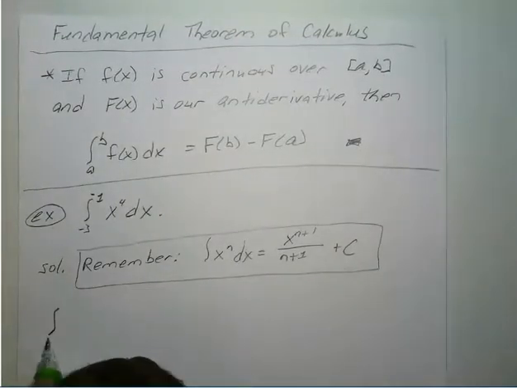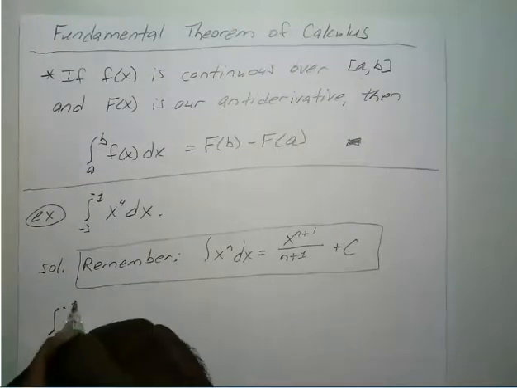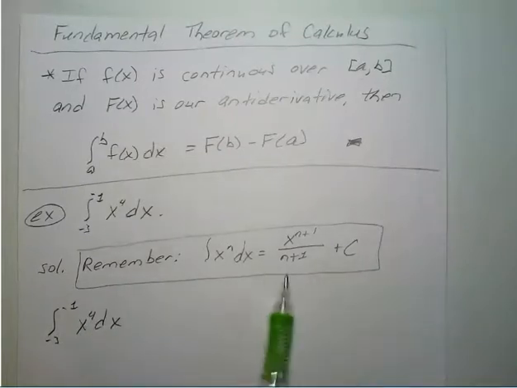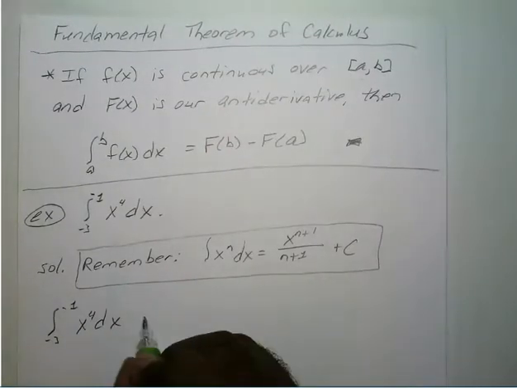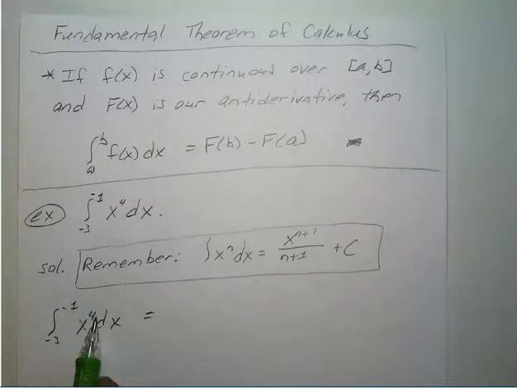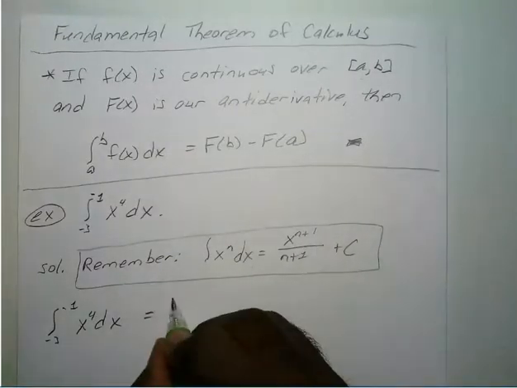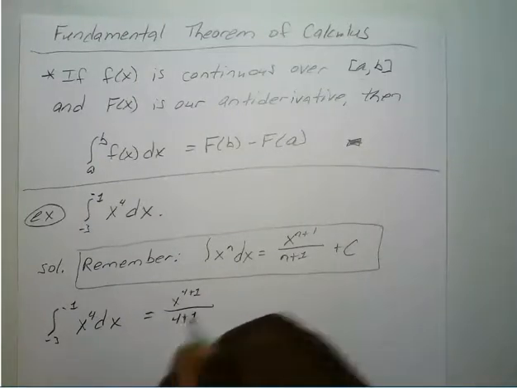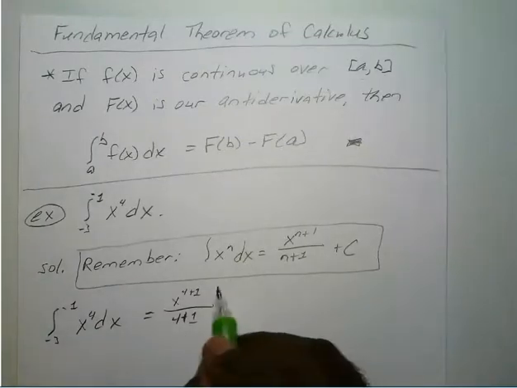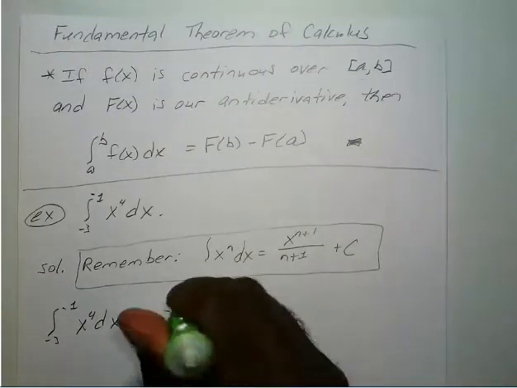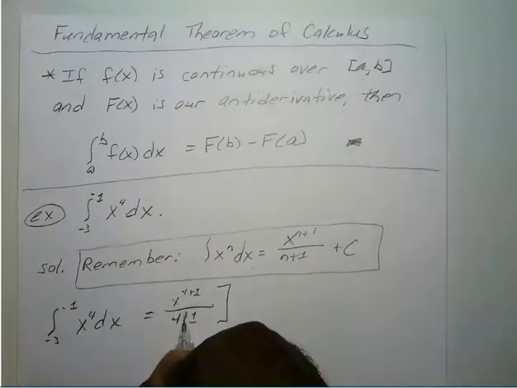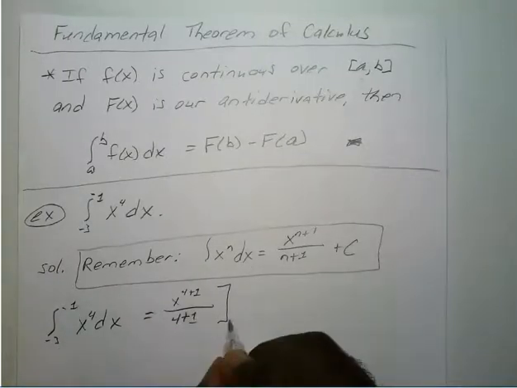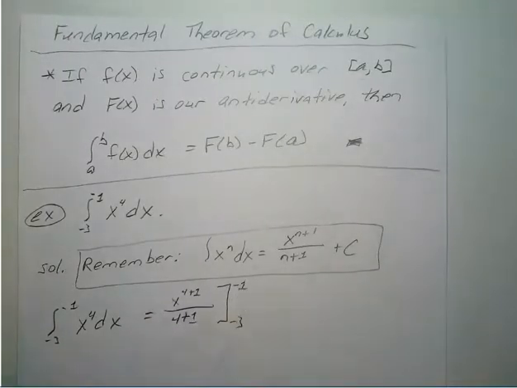So you have the integral from -3 to -1 of x to the fourth with respect to x, and using the integral formula, that's going to equal x to the fourth plus 1 divided by 4 plus 1, over the interval from -3 to -1.